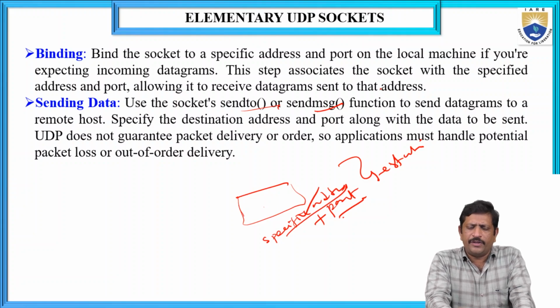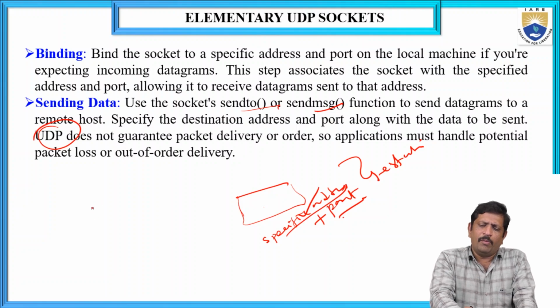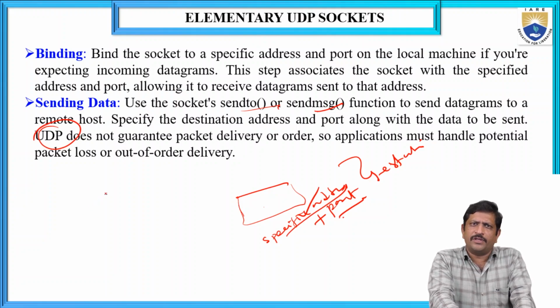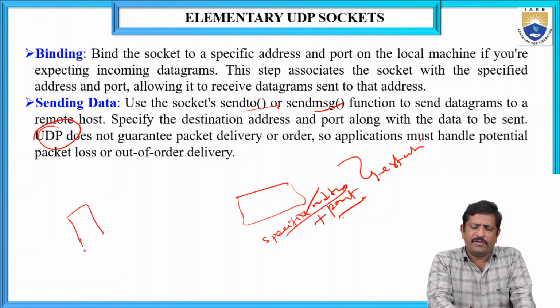If we take UDP, the User Datagram Protocol, it doesn't give a guarantee of packet delivery or order. Why? Because it is connectionless. For example, the best example is mobile device communication.